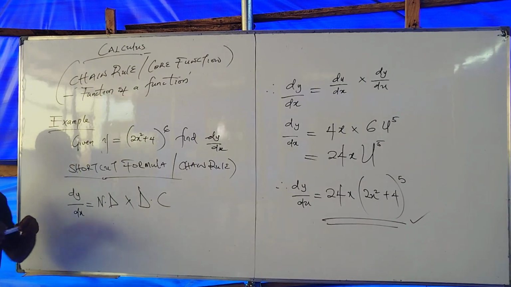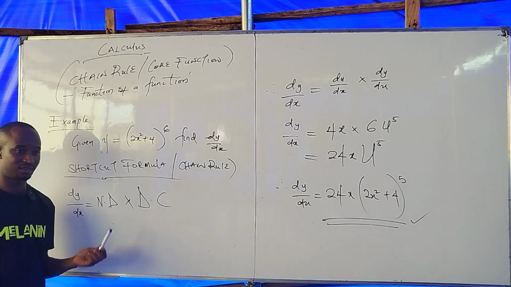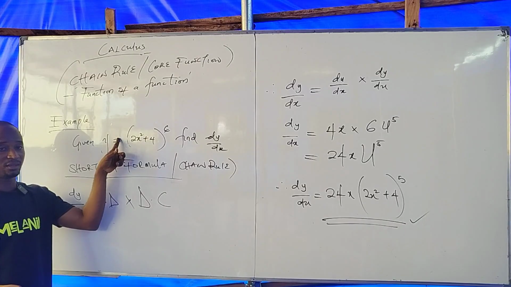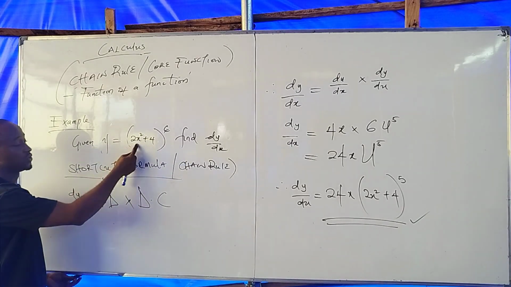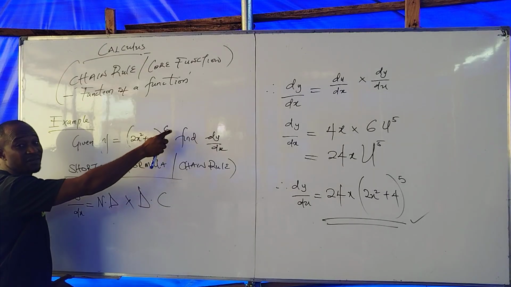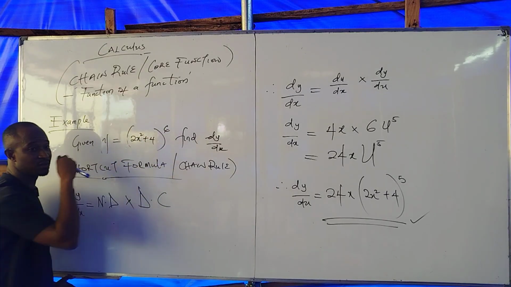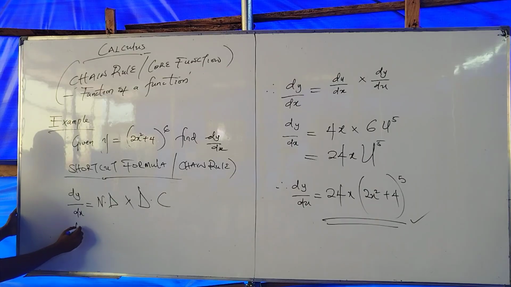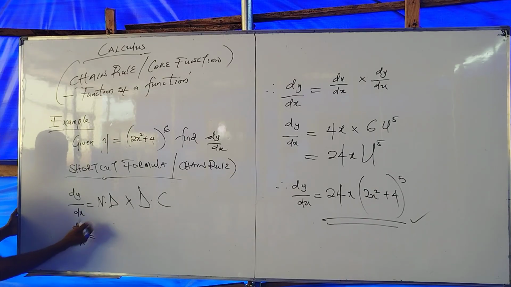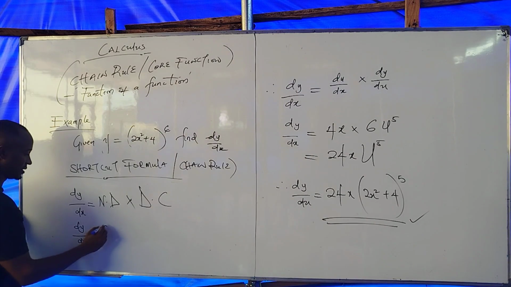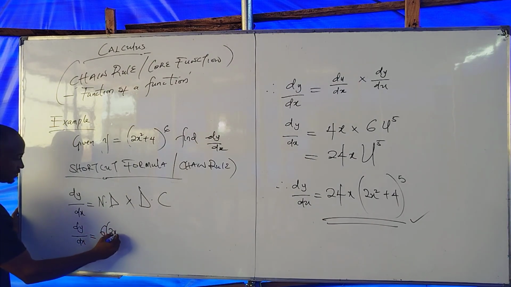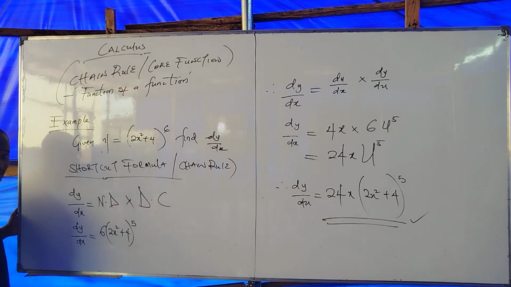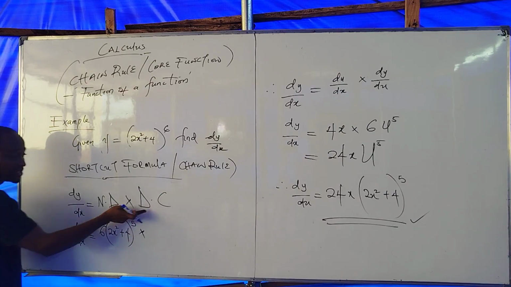Normal means I will use my power rule to differentiate normally. Meaning for this, I multiply 6 by 1 here, which becomes 6 (2x squared plus 4) always to the power 5. Then you differentiate the co-function. That will give us 4x. Let's apply it and see. Watch. dy/dx will give us our normal differentiation, 6 in brackets 2x squared plus 4, always to the power 5, multiplied with the differentiation of the co-function.